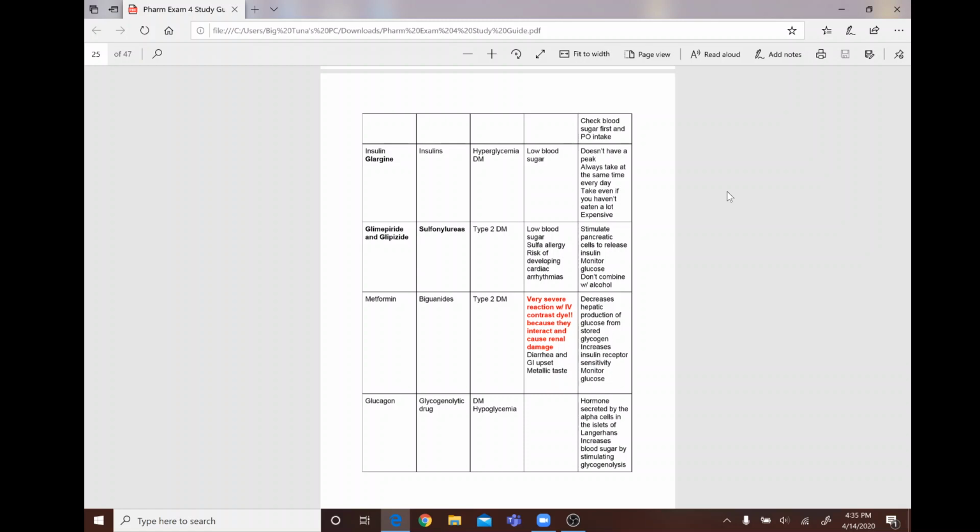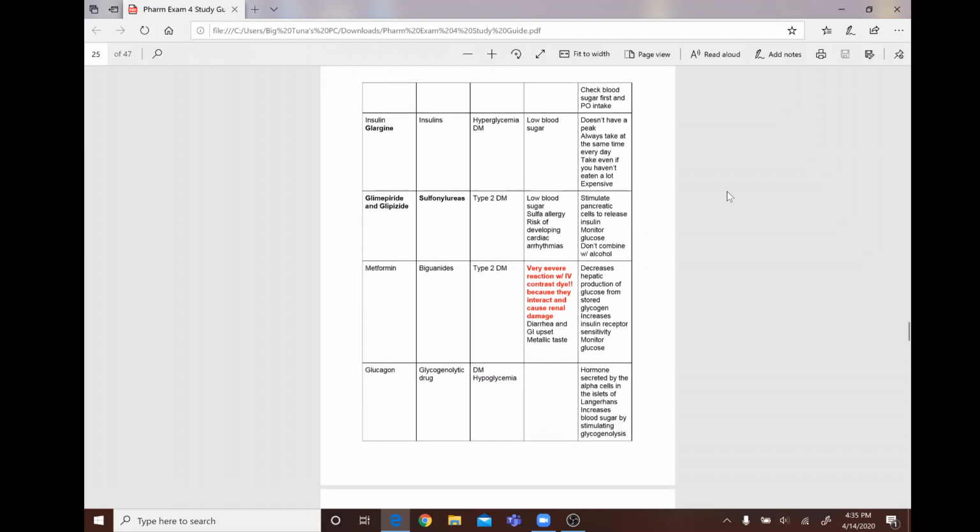Hypoglycemia, risk of developing cardiac arrhythmias, and you've got a sulfa allergy. What do we need to know when someone takes glimepiride and glipizide? Monitor glucose and don't combine with alcohol.